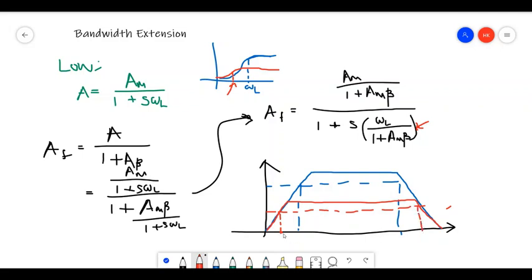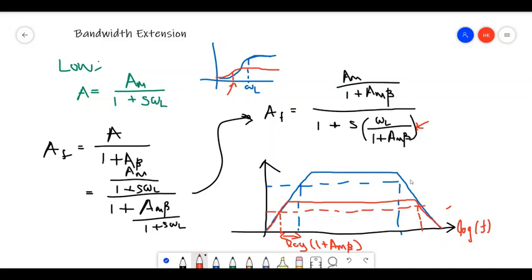This difference, we can write log 1 plus A beta, because this is in the log scale of frequency, right?